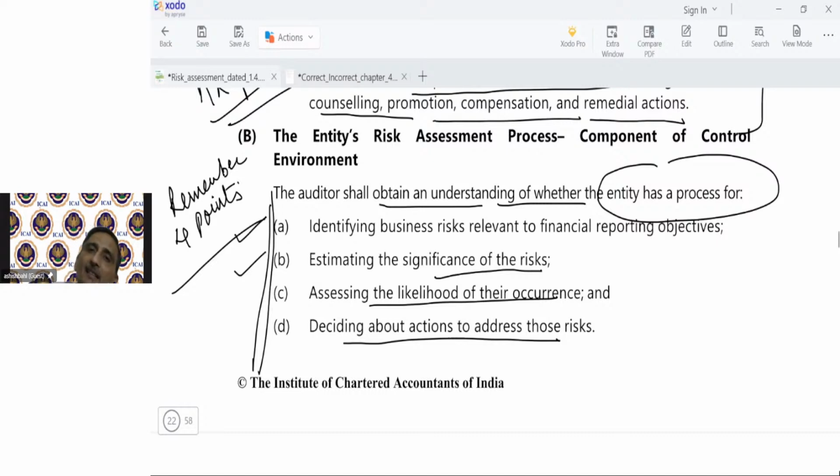If the company doesn't have a plan to deal with its business risks, then audit risk for the auditor would also increase. There would be greater chances of his expressing an inappropriate opinion because the company doesn't have a proper strategy to deal with the business risks. Clear? Yes, students, is it clear to you?